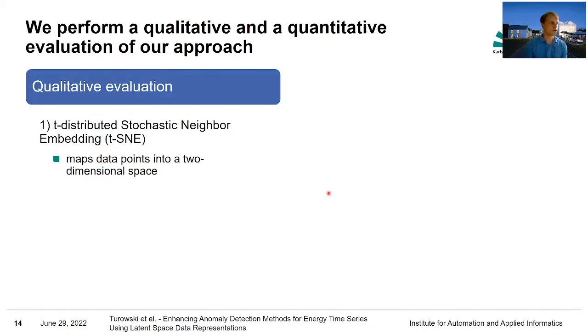For the qualitative part, we use the t-distributed stochastic neighbor embedding. It basically maps high-dimensional data points into the 2-dimensional space, such that similar data points appear close together and dissimilar data points far apart.